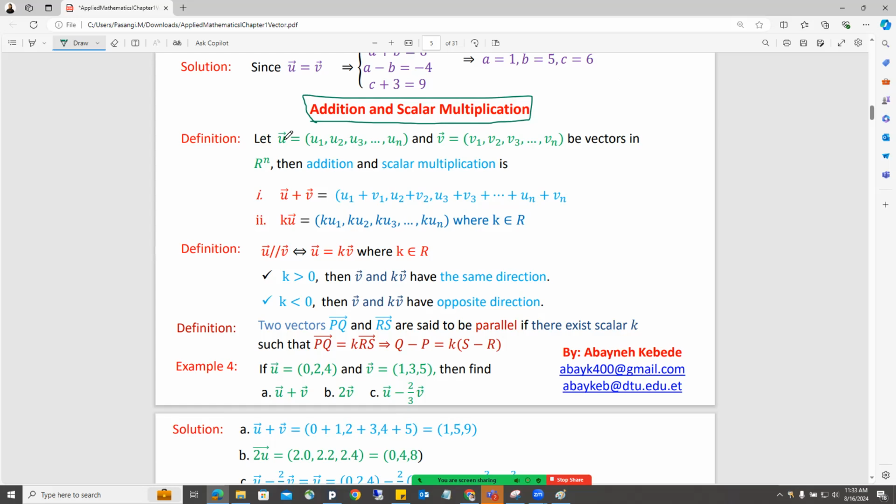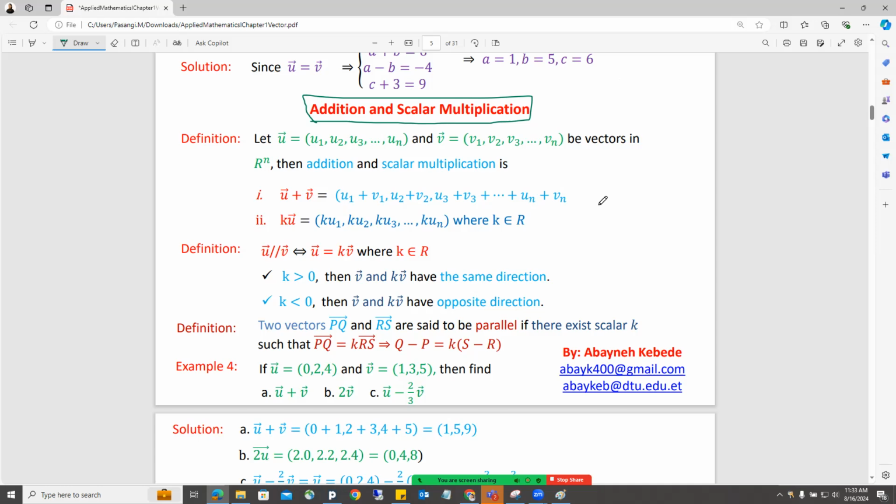The first vector is vector u, and the second vector is vector v. Vector u is in n space, and vector v is also in n space. So those two are on the same plane.